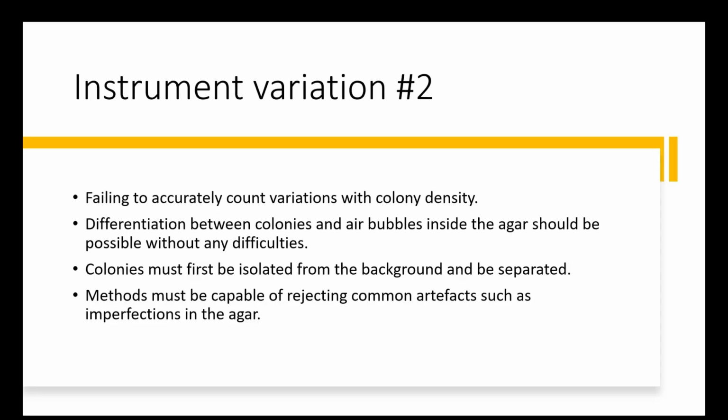This could occur if the system is unable to adequately differentiate between colonies and other debris, or with the formation of any air bubbles inside agar, and that can be more common in plates that we might be pouring ourselves within a laboratory. It can also sometimes occur with pre-purchased media as well.